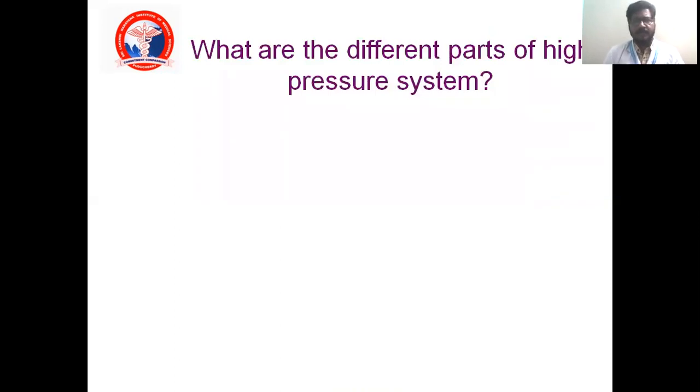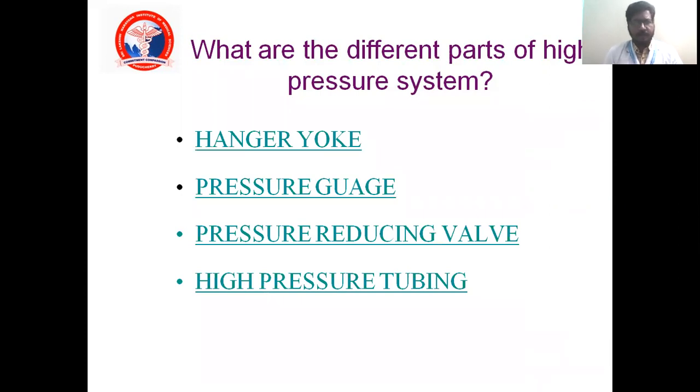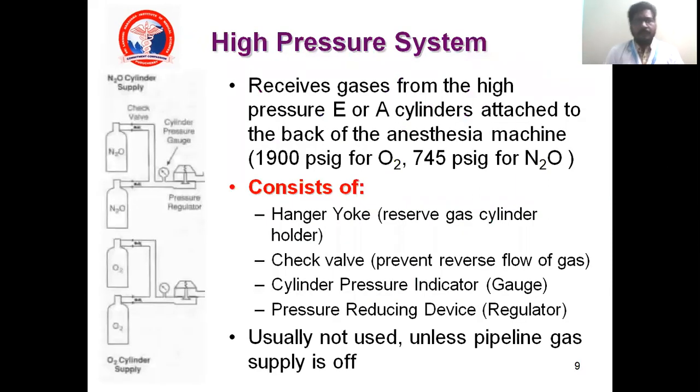What are the different parts of the high pressure system? It comprises hanger yoke, Bourdon pressure gauge, pressure reducing valve, and high pressure tubings. What is the most important function and the most salient feature of the high pressure system? It receives gas from high pressure E type or A type cylinders attached to the back of the anesthesia machine at the pressure of 1900 psig for oxygen and 745 psig for nitrous oxide.